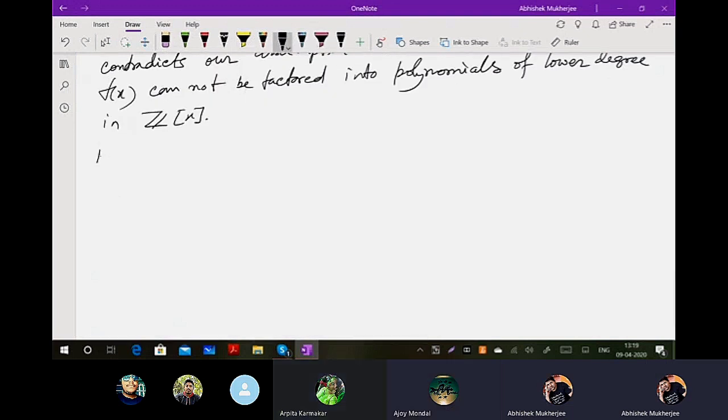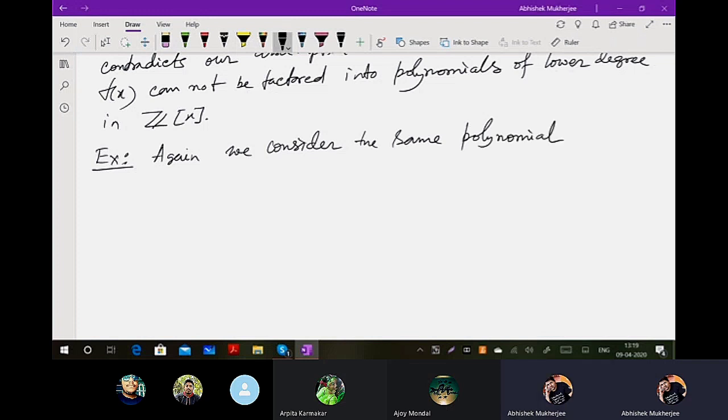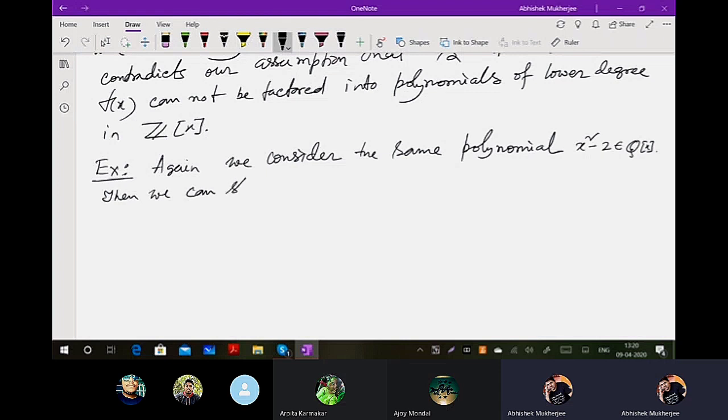So let us check an example. Again we consider the same polynomial x square minus 2 over Q. Then we can show that this polynomial x square minus 2 is irreducible over Q, but using Eisenstein criteria.